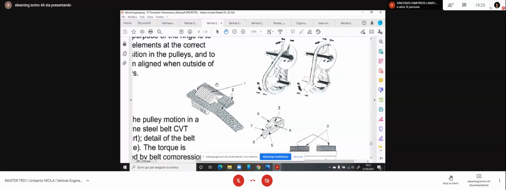In this kind of belt, you have a compression in this part, working to deliver a push force from the upper pulley to the lower pulley, and this other part is relaxed, not used to transmit force in normal conditions. So they are sliding all the time on the tape.